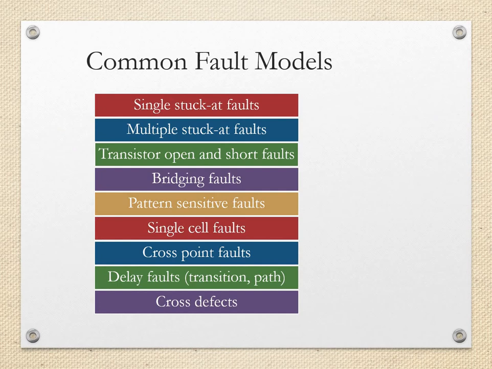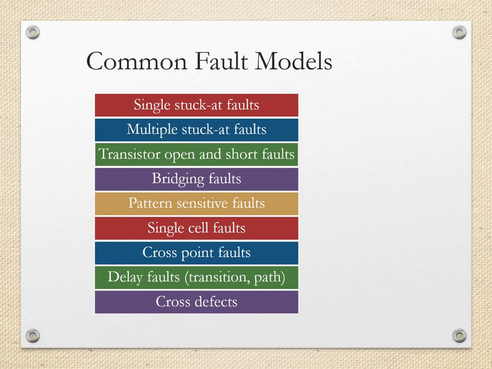So the different fault models are prepared based on these shorts, because most of the faults are due to shorting. The first category is single stuck at fault. Then next is multiple stuck at fault.